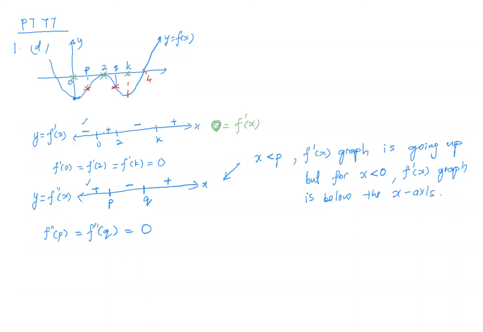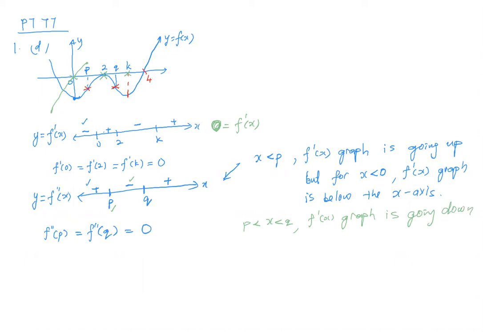So that is how I read this one and this one. So you see, it must be below, then go up, pass through this point, then above, then turn at this point, because this is a turning point. Then after that, it goes down. Okay, for x between P and Q, f prime x graph is going down. Why?